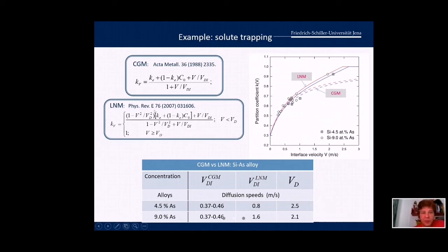One of them takes into account deviation from local equilibrium at the interface only, and it has only one kinetic parameter, V_DI. V_DI is the solute diffusion speed through the diffuse interface. V is the velocity of the interface, C is the nominal initial concentration, and K_E is the equilibrium chemical segregation coefficient.